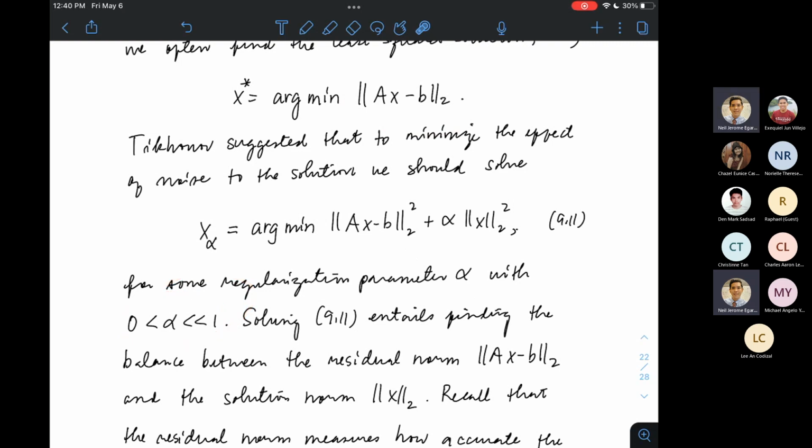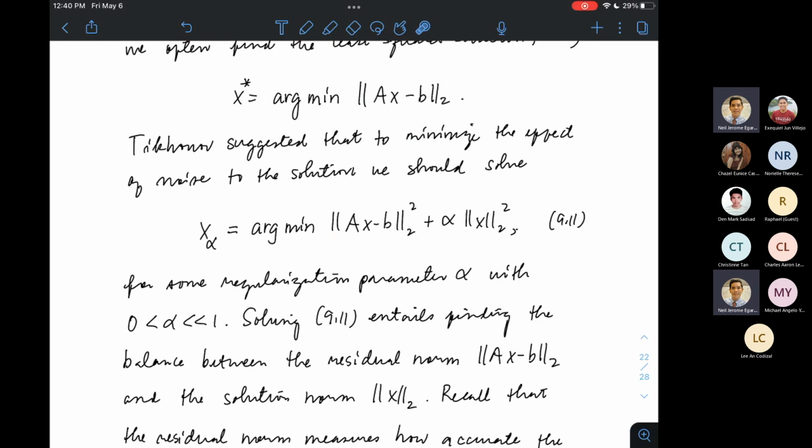So nangyayari dito ay, okay, wag lang ito yung i-minimize natin. This represents the accuracy of our solution x kasi gusto natin maliit yung residual. Nandito pa rin naman siya kasi gusto nga nating i-minimize pa rin yung residual.